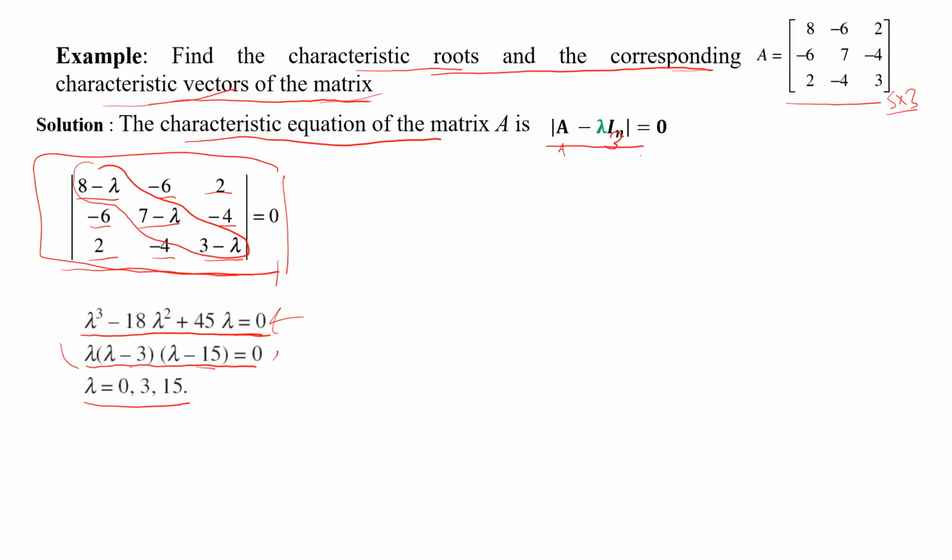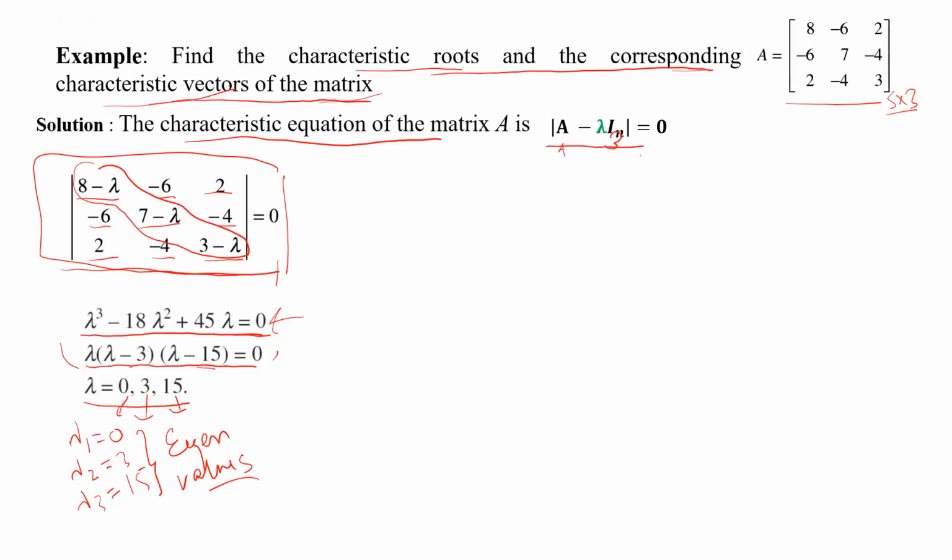So we get 3 values: 0, 3, 15. So we have 3 eigenvalues: lambda 1 is 0, lambda 2 is 3, and lambda 3 is 15. These are the 3 eigenvalues of the given matrix.